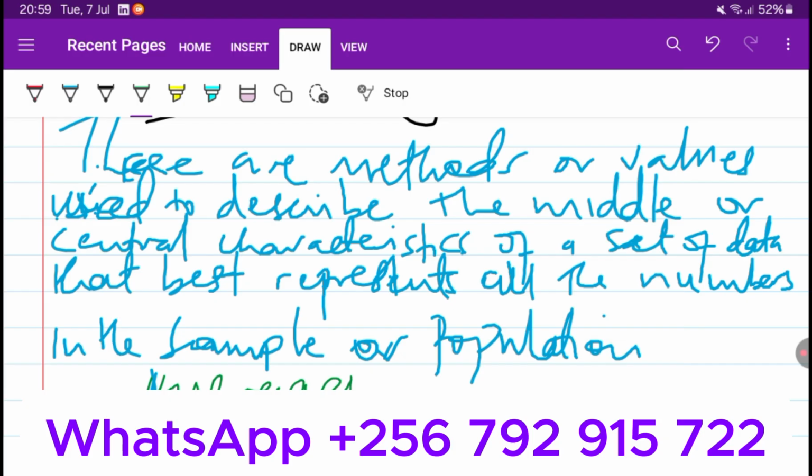So the average is just a number that measures the central tendency of a given set of numbers.